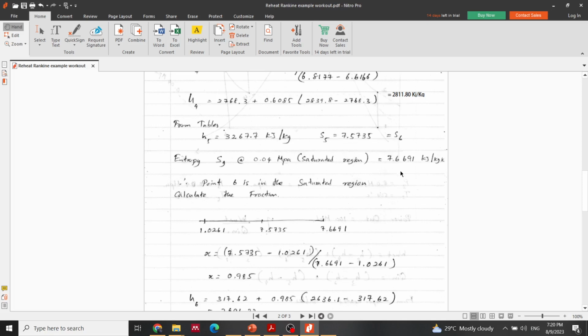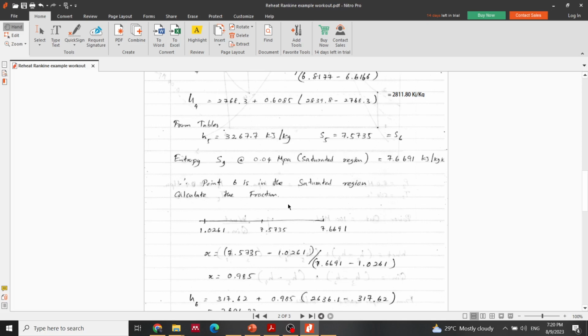Therefore, we can clearly determine that S6 is lesser than this value, right? Therefore, point 6 should be in the saturated region.